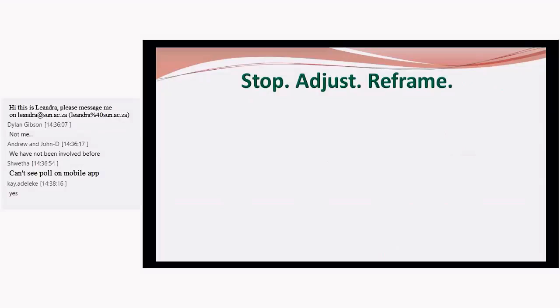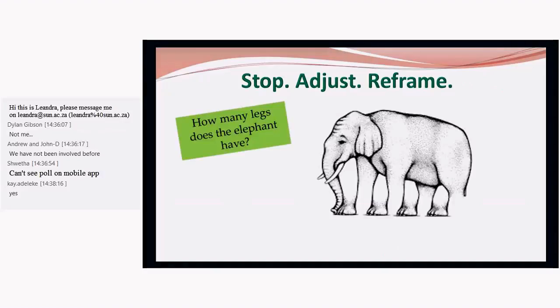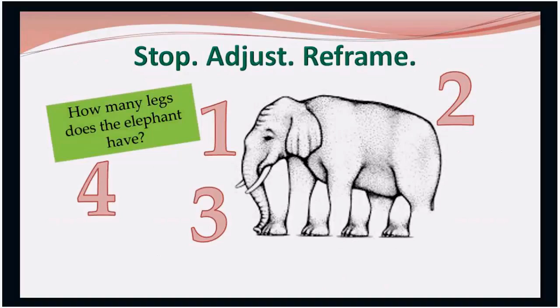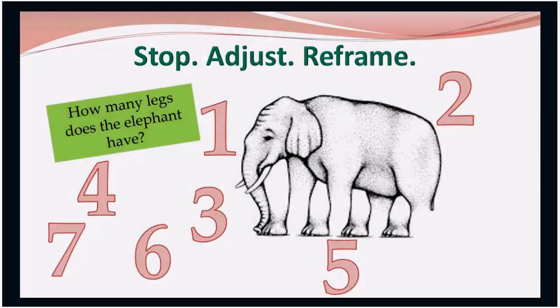So let's start here. I want you to just, for a moment, have a look at this picture that's displayed. You may or may not have seen it before, but how many legs does this elephant have? Some people see no legs because none of them are attached to the elephant. Some people see 8 legs. Some people see 3. What I'm trying to show you is that we are all seeing things a little bit differently.